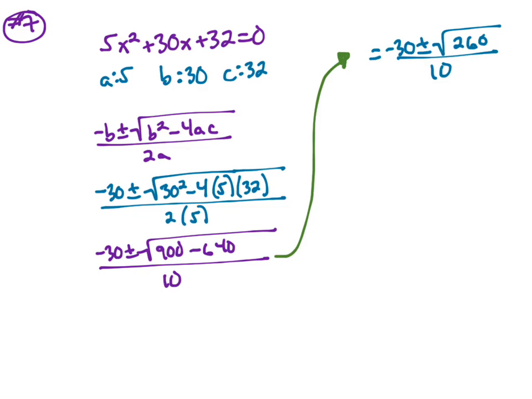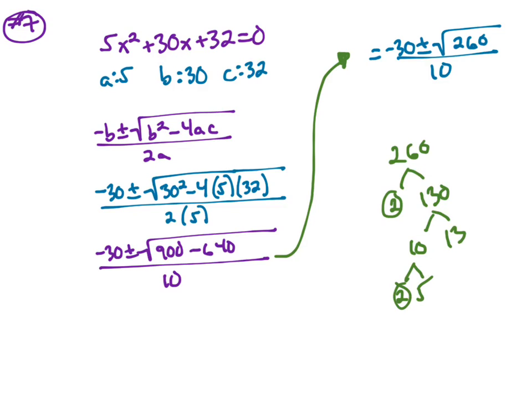Okay, and now some of you right now feel like you want to just divide by 10 and get rid of the zeros, but remember you can't. This is in the radical, so we cannot just do that. But we can simplify that radical. I need to do prime factorization. 260 breaks into 2 times 130, which breaks down into 10 times 13, which breaks down into 2 times 5.